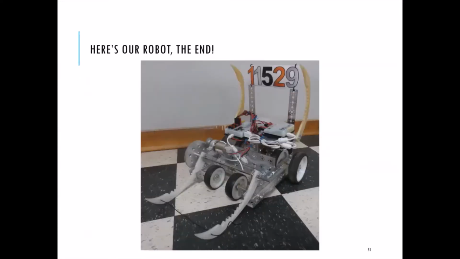And it's true for the engineering design process too. When you are telling your story, either to the judges or to, you know, the public or anyone that's interested in hearing about it, you don't want to just say, here's our robot, the end. Okay, that's not a very interesting story, right? They can see your robot. But what they don't know is, why did you make the choices that you did?